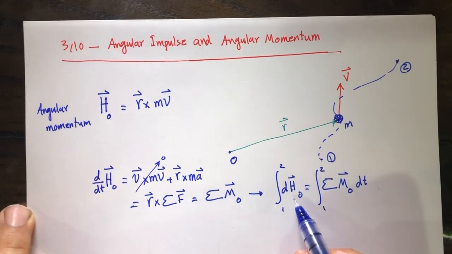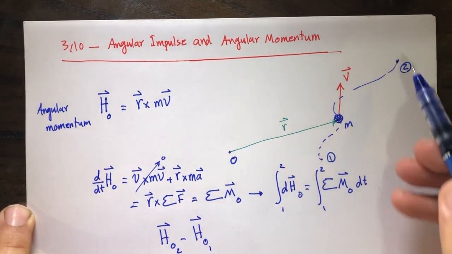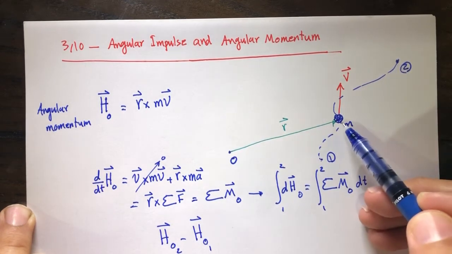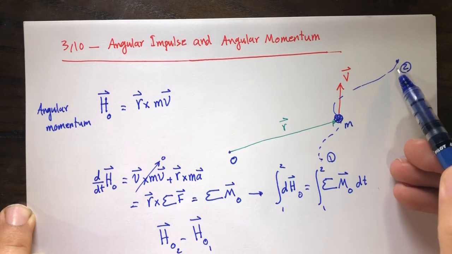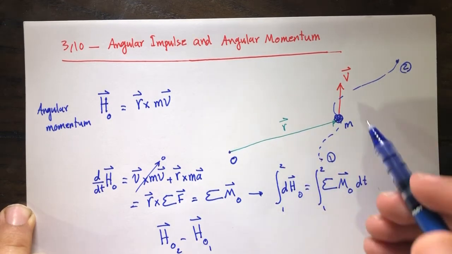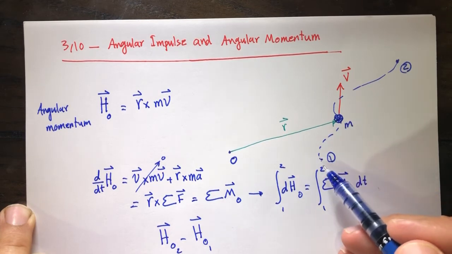So integral of dH is just HO, from 1 to 2, which is going to be HO2 minus HO1. HO2 means angular momentum of this mass or the system about point O at point 2. And HO1 means angular momentum of the mass or the system in the first condition, right?